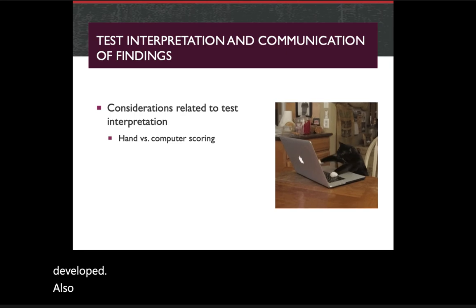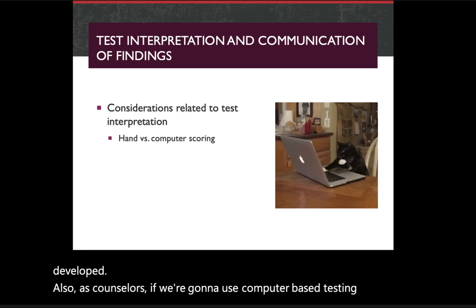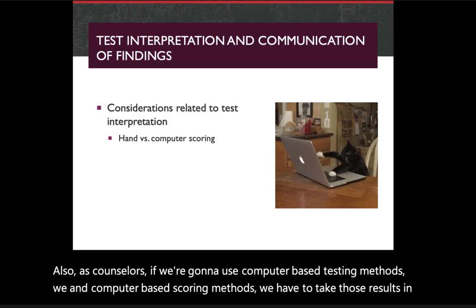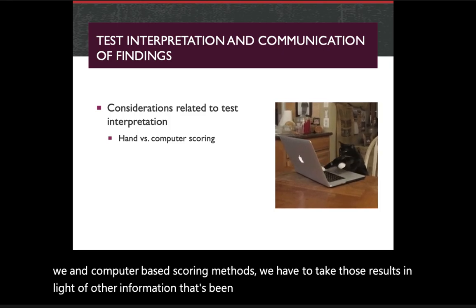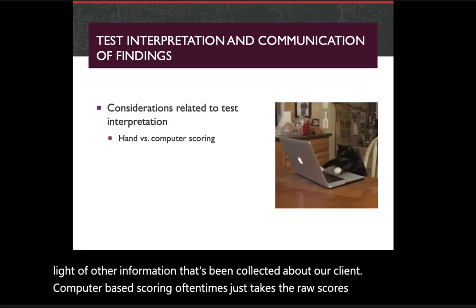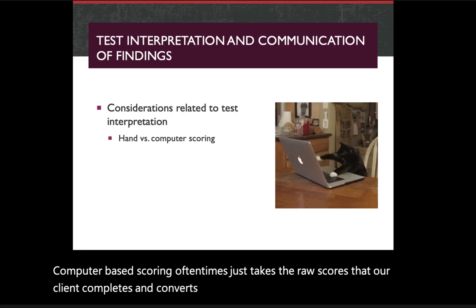Also, as counselors, if we're going to use computer-based testing and scoring methods, we have to take those results in light of other information that's been collected about our client. Computer-based scoring oftentimes just takes the raw scores that our client completes and converts them into an interpretation of what that client is experiencing.